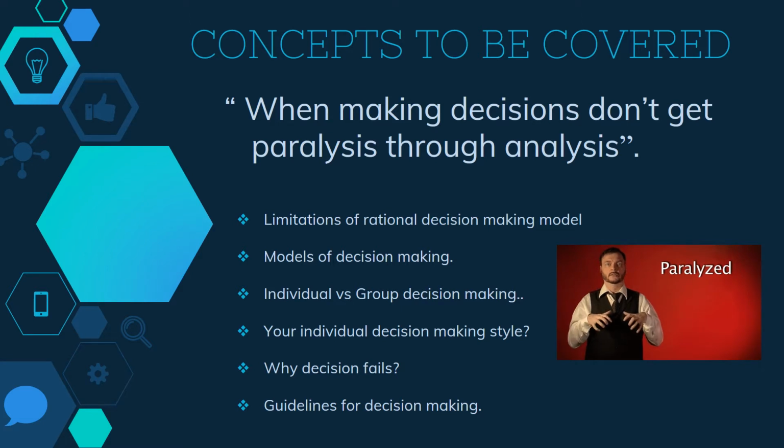Individual versus group decision making: an individual generally makes prompt decisions while a group is dominated by various people. What are your individual decision-making styles? And why do you think decisions fail? And guidelines for decision-making.